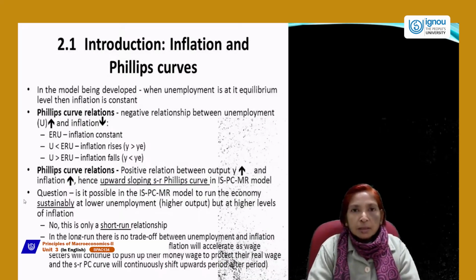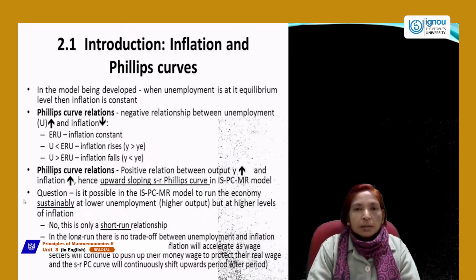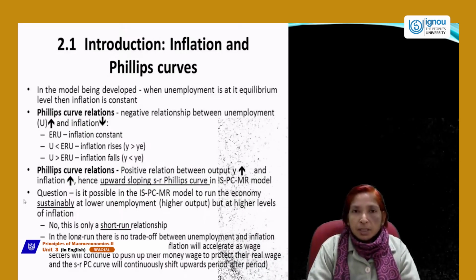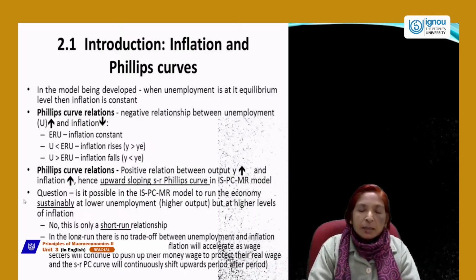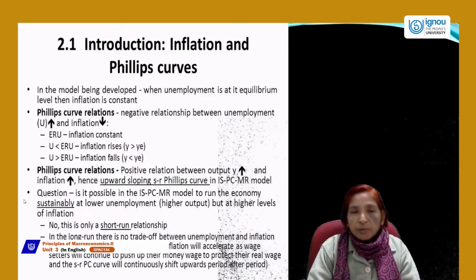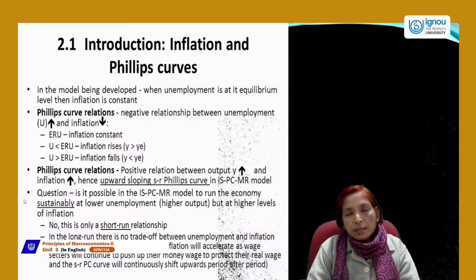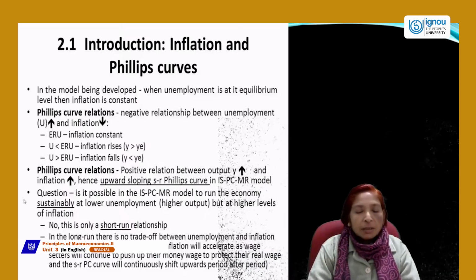In the short run, the Phillips curve is a downward sloping curve, which shows the inverse relationship between wage inflation and unemployment. So in which time period does the trade-off between inflation and unemployment mainly exist? In the short period, not in the long period.